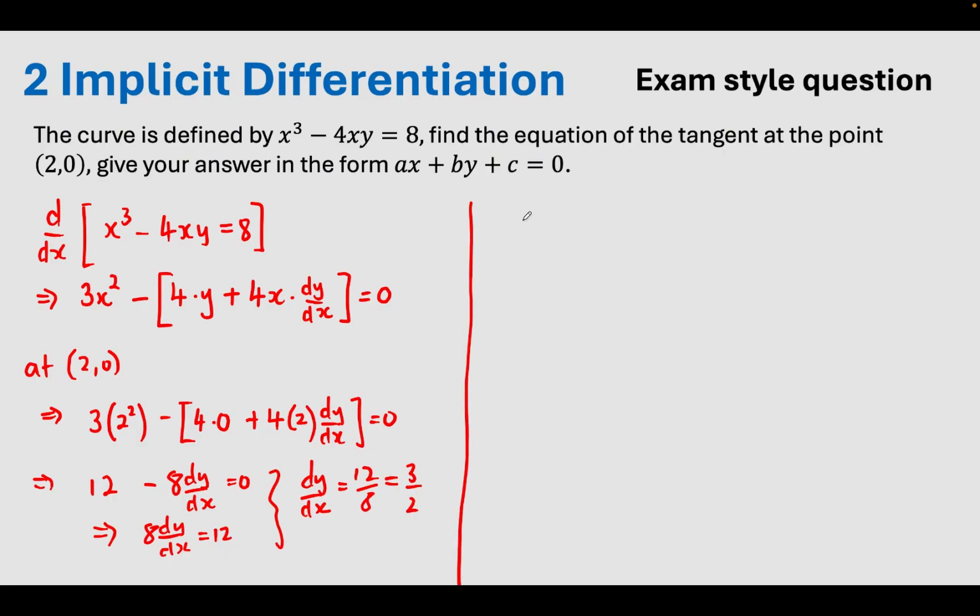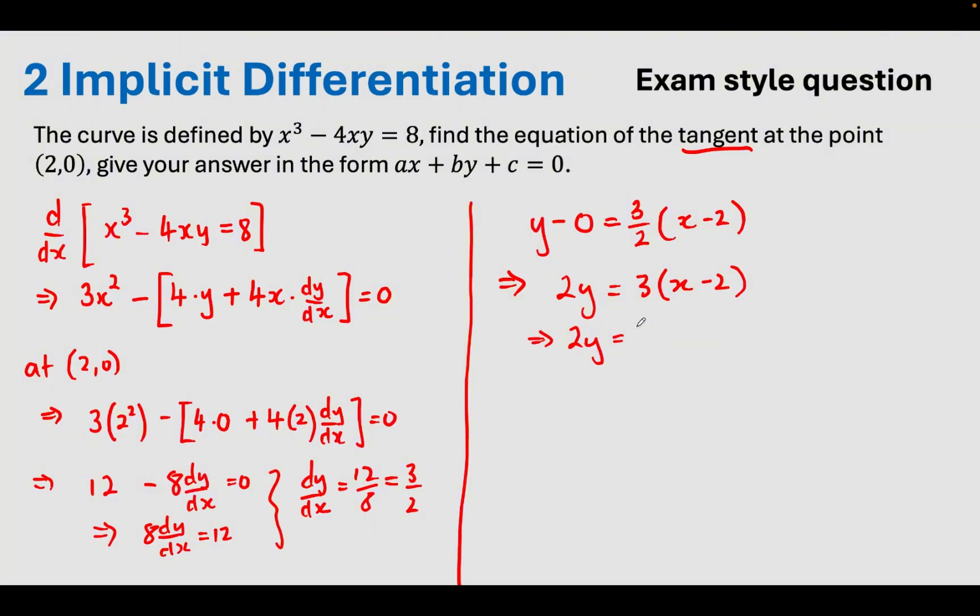Okay, now I need to just find the tangent. So I just need to put this into the equation of a line now. So I get y minus 0, that's my y coordinate, equals 3 over 2 x minus 2. So I'm just going to multiply it by 2. So I'll get 2y equals 3 bracket x minus 2.